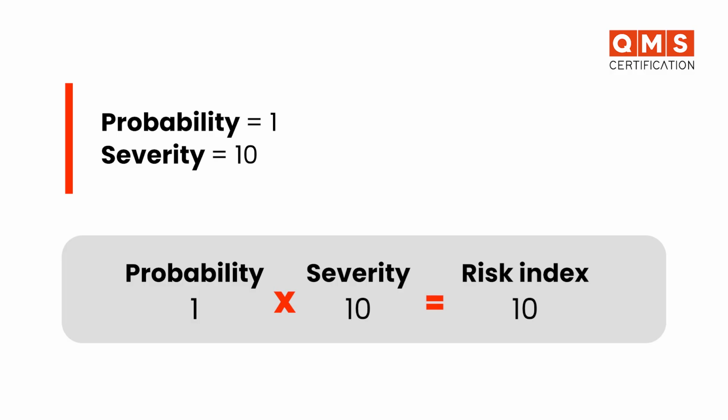For example, imagine a risk within the audit process, such as not sending the audit report to the certified companies. Here at QMS, the likelihood of this risk happening is very low because our processes are highly automated. But if it did happen, the impact would be extremely high. If we assign probability 1 and severity 10, multiply, you get 10, and you get a risk index of 10.